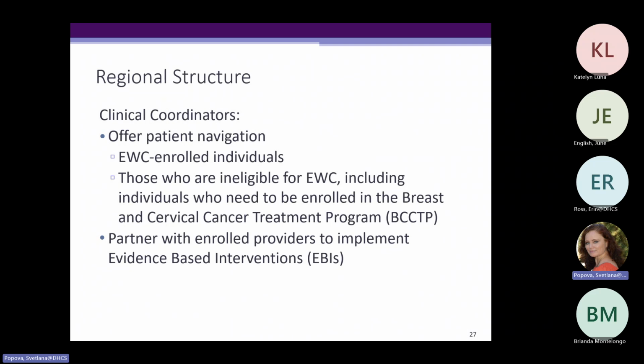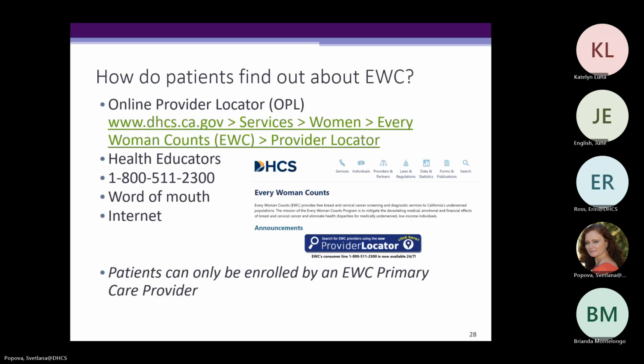We also have individuals who may be diagnosed elsewhere, and we want to guide them into the BCCTP because they are eligible for BCCTP. But there is a little bit of a caveat, and we will talk about it when we will be talking about BCCTP. They also partner with enrolled providers to implement evidence-based interventions.